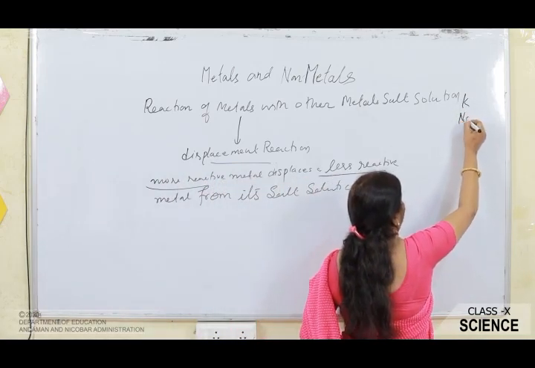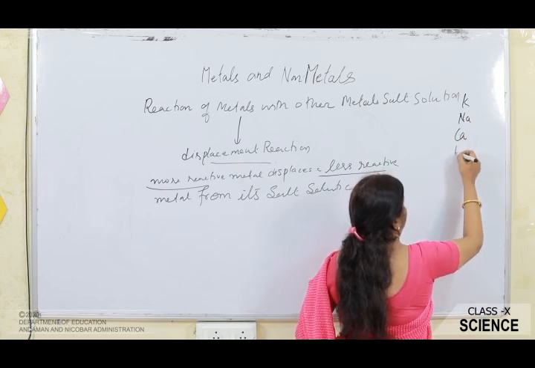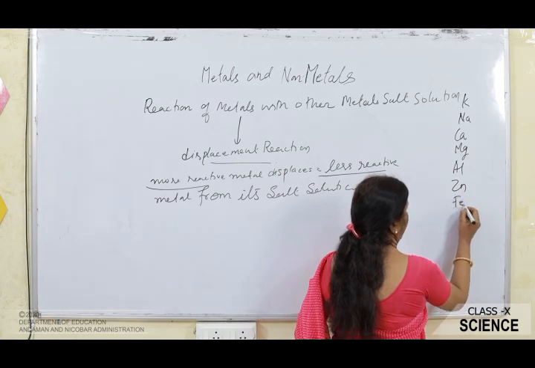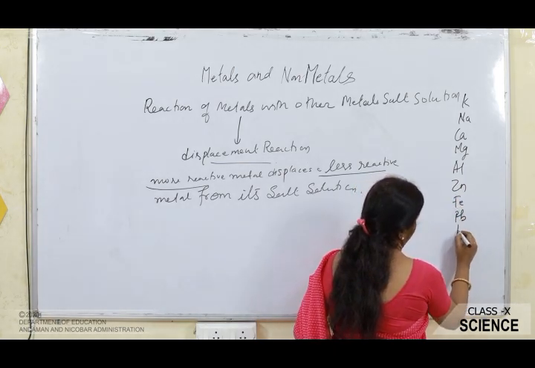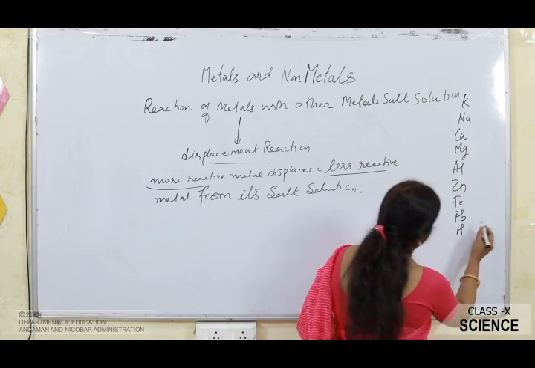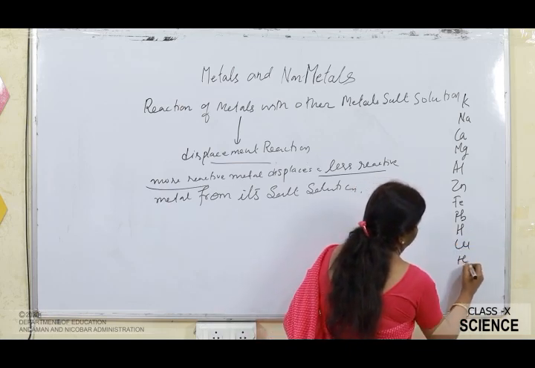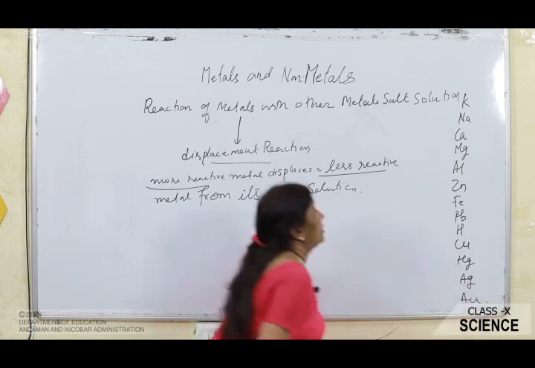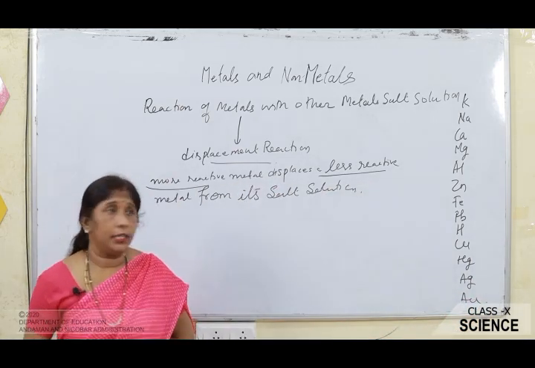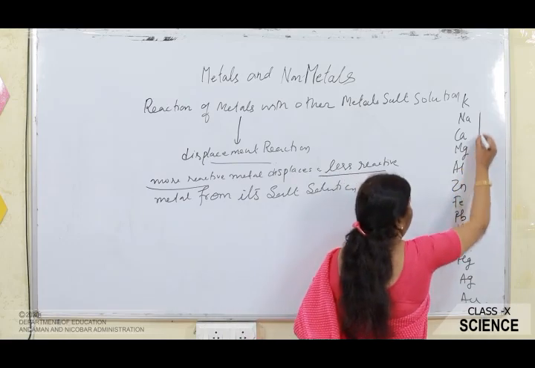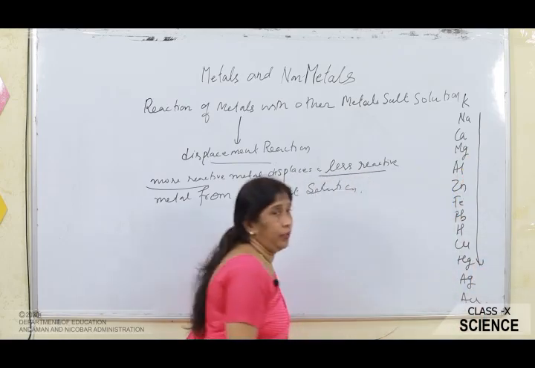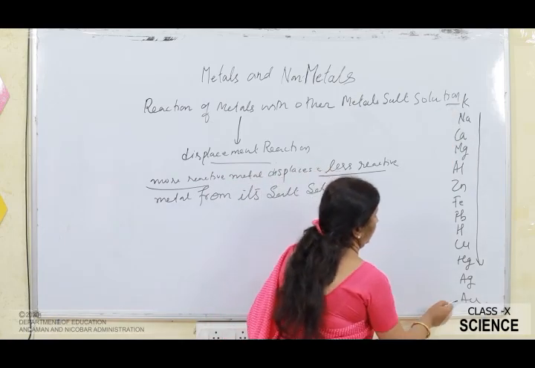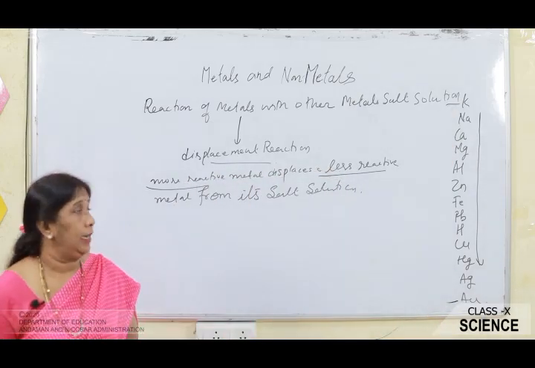Potassium, then sodium, calcium, magnesium, aluminium, zinc and iron, then lead, then hydrogen, and then copper, mercury, Ag silver and Au gold. Now see here, this is the reactivity series. As we move down, the reactivity of the metal decreases. Potassium is most reactive, whereas gold in this series is least reactive.